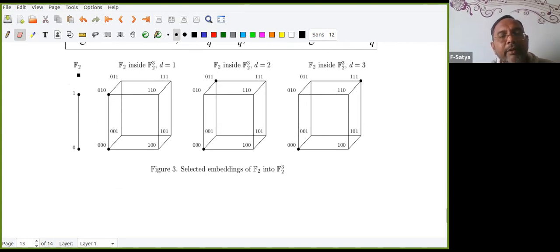This is my space F_2. I'm embedding it into F_2^3. How did I embed it? Where did I map? Can you look here? This is a table. Can you see from here to here? What is the map? What are the domain and codomain?